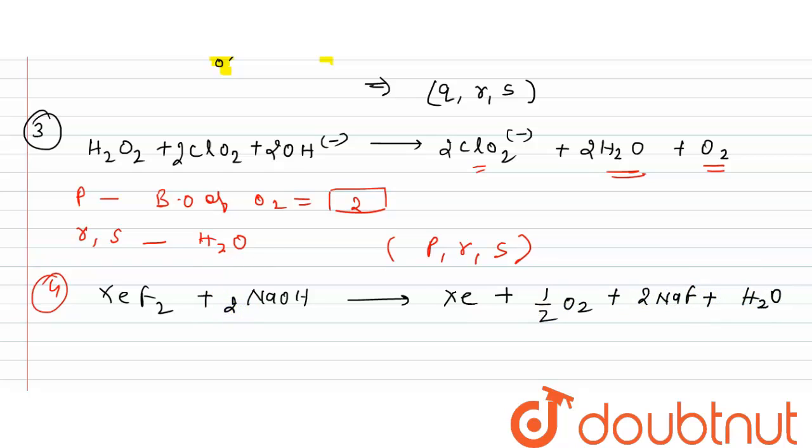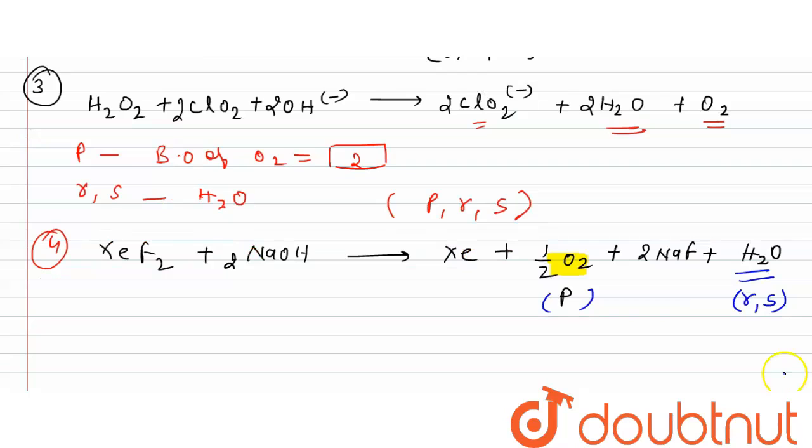So from this reaction it's very clear that since oxygen is released, P is satisfied. So for oxygen we all know then P will be satisfied, that is bond order is 2, right? So P is satisfied. Since water is released, so you have R and S satisfied, right? Now is there any peroxide linkages?